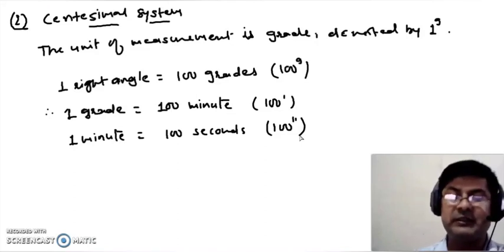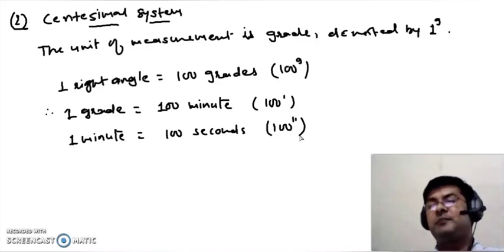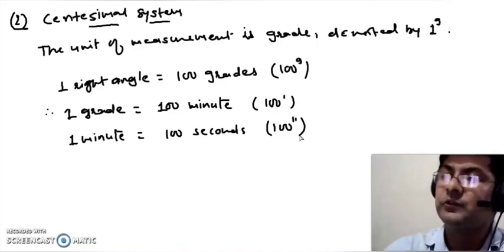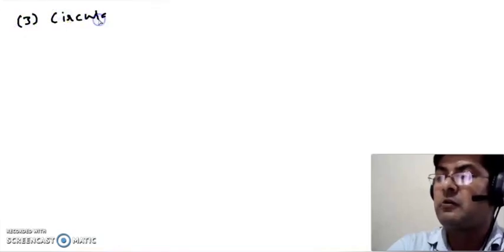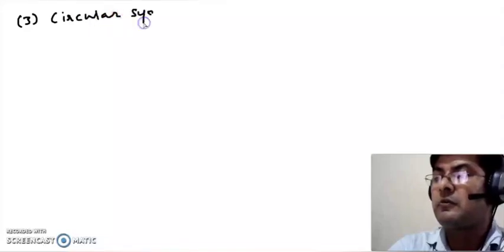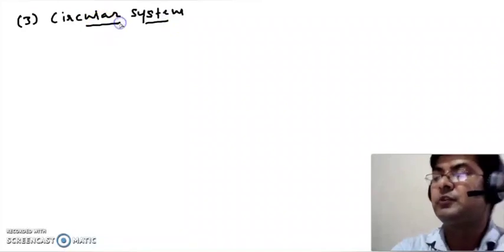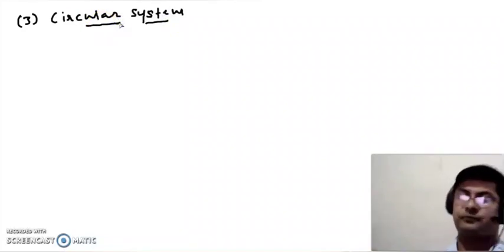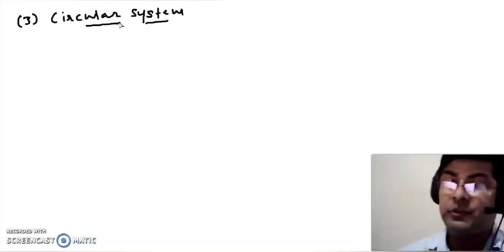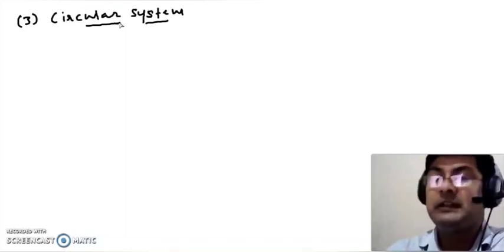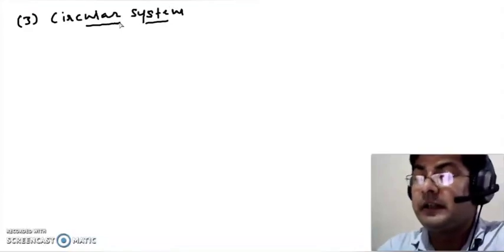Now let us see the circular system of measurement. Number 3. Circular system. Okay. Now in this system, the unit of measurement of an angle is 1 radian. Okay.